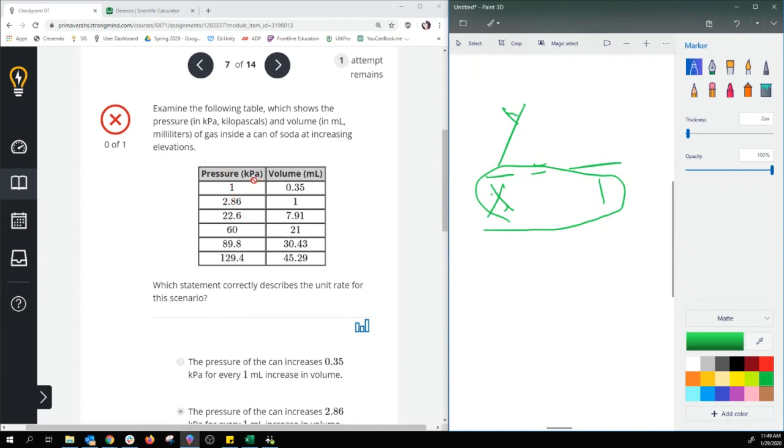Remember, when you have your table, it goes alphabetical order. So if you were just saying the alphabet, X comes first, Y comes second. So would pressure or would volume be our X column?